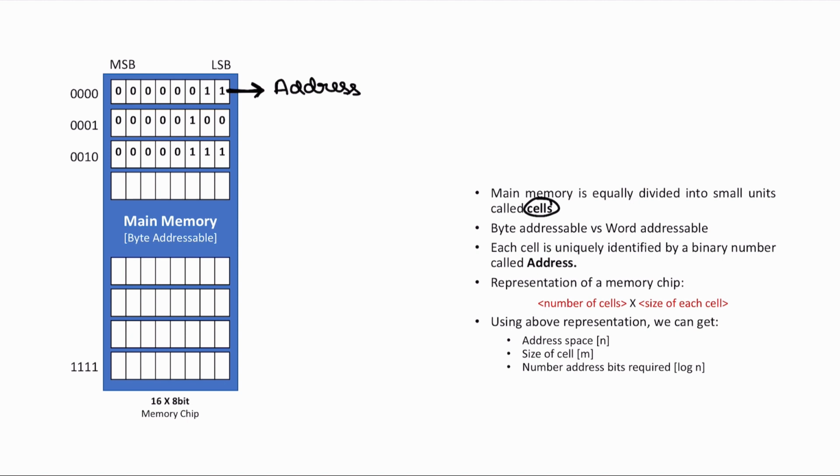This unique value will always be a binary number, because the CPU is a digital device and main memory is a digital device. If the CPU wants to locate some address, it will send this information in binary numbers. That is why an address is always defined in binary numbers.